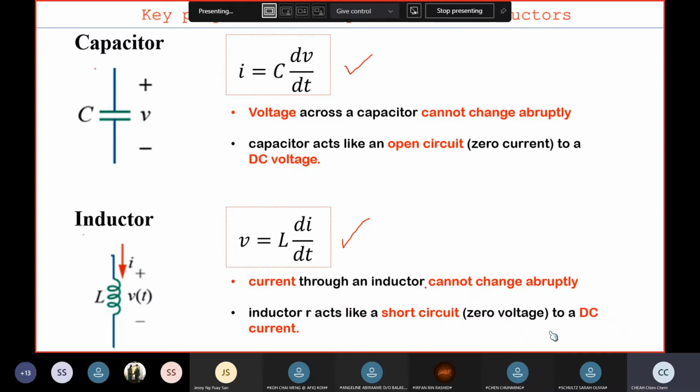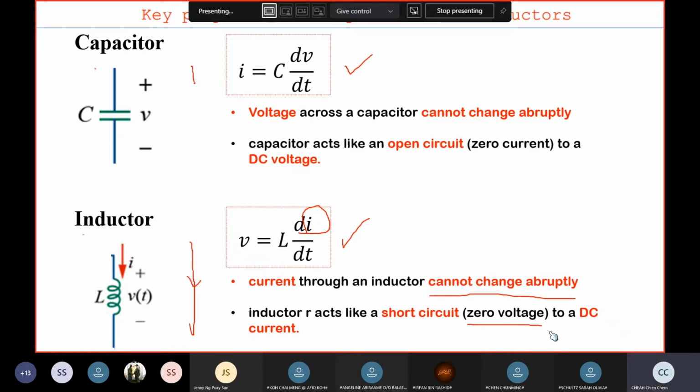The current cannot change suddenly. Why? If current changes suddenly, di/dt is infinity, and you get infinite voltage, which is not possible. Next, under DC conditions, that means if i is constant, then there's no change of current over time, so the voltage is zero. Now, if voltage is zero, then it behaves like a short circuit.